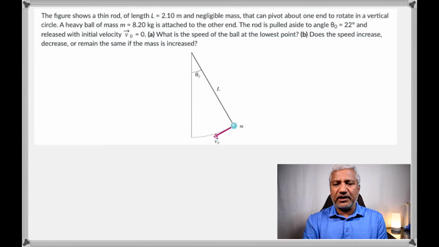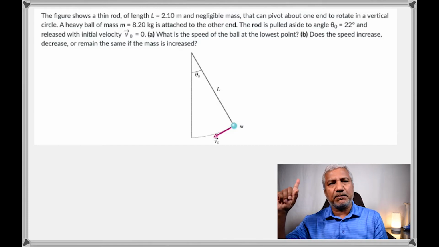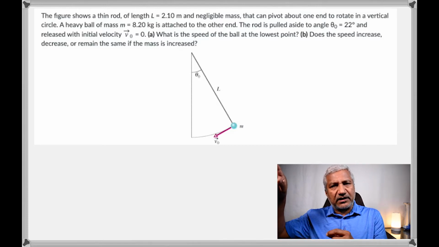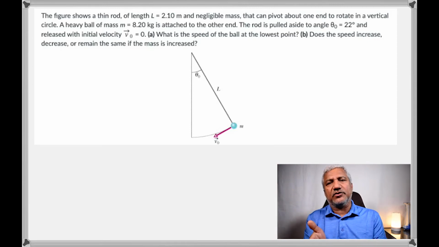So how do we find the speed of the ball at the lowest point? We know that at the point where we let it go, its kinetic energy is 0. That's a turning point. But at that point, its potential energy is maximum. So as it comes down, its potential energy changes into kinetic energy.